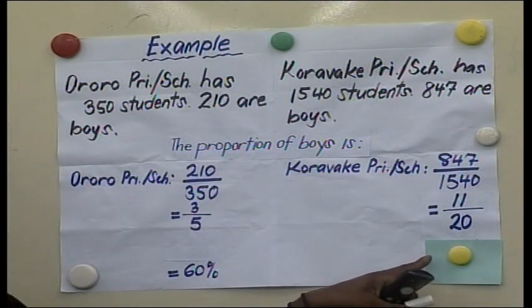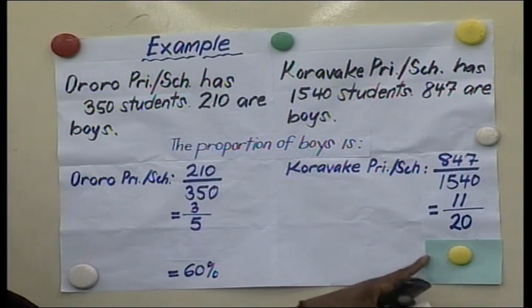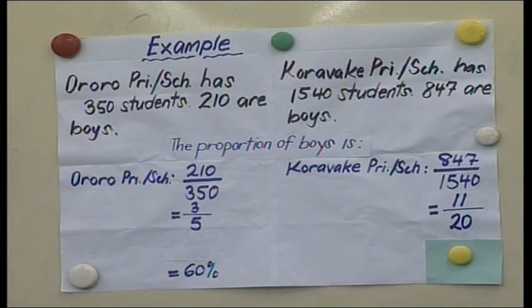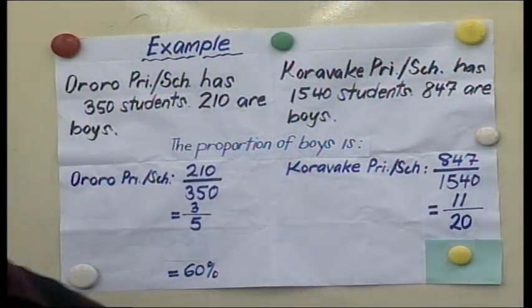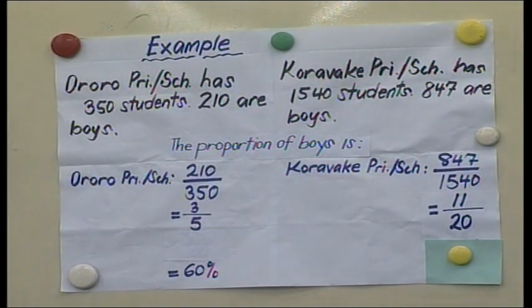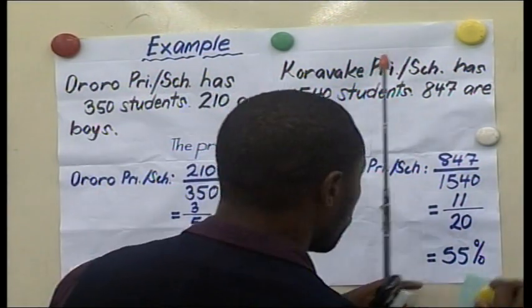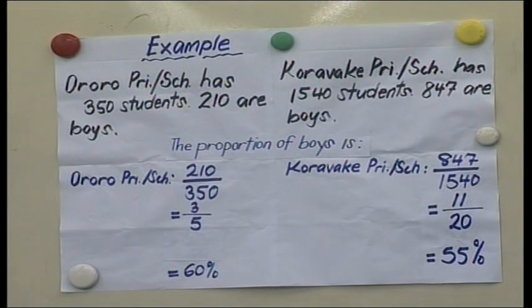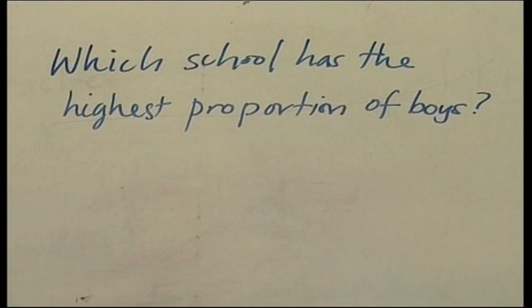Now let's find how many percent of boys are in Korawake Primary School. Okay, let's have Florence. 55%. 55%, very good. Now our question is, which school has the highest proportion of boys, according to our answer here?